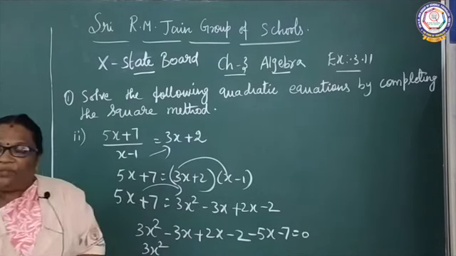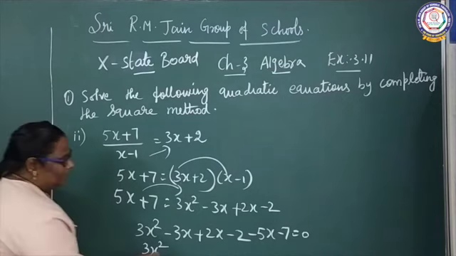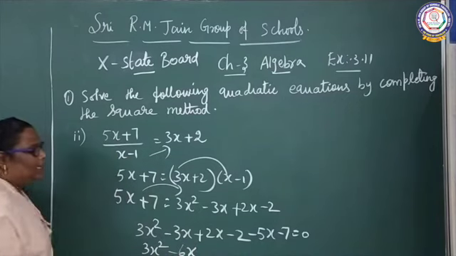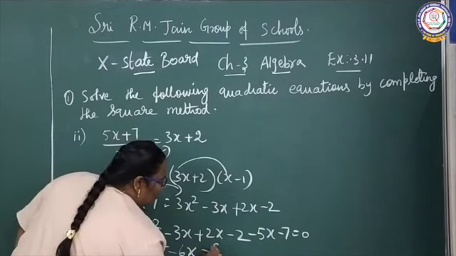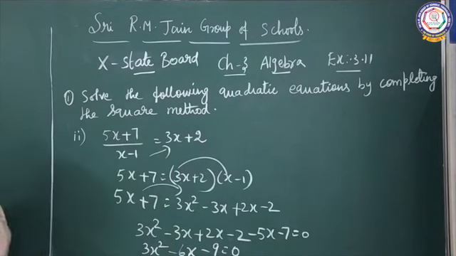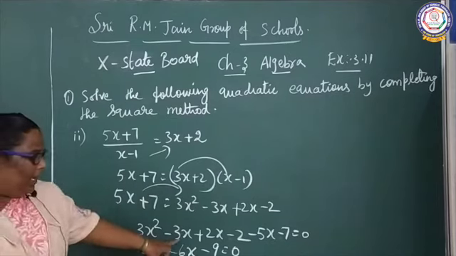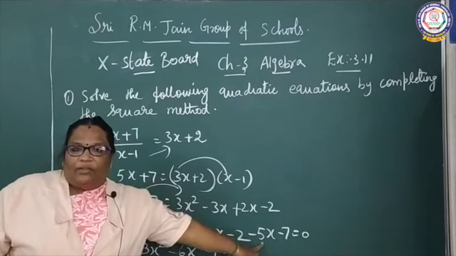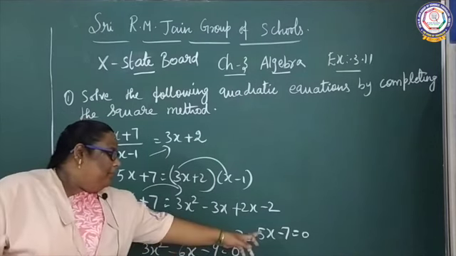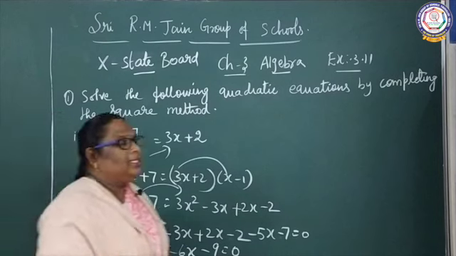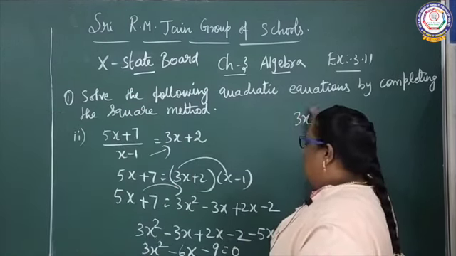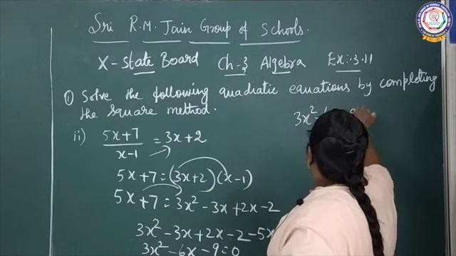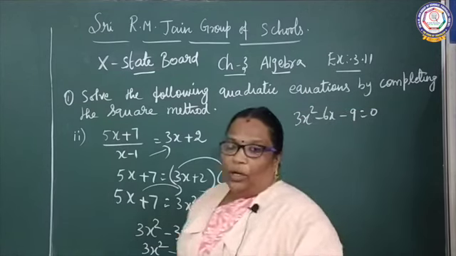Minus x minus 5x is minus 6x. Minus 2 minus 7 is minus 9 equal to 0. Is it clear? So, 3x square minus 6x minus 9 equal to 0.